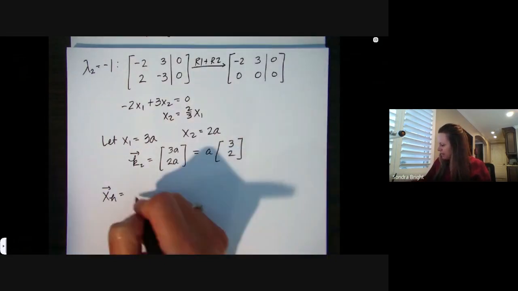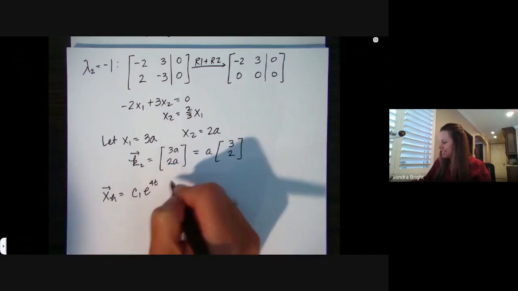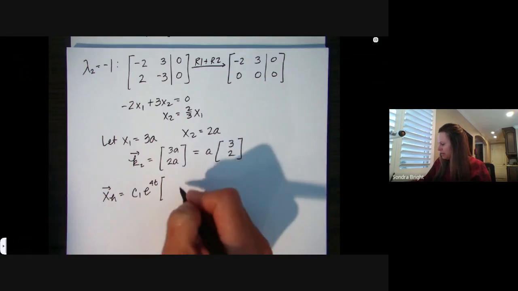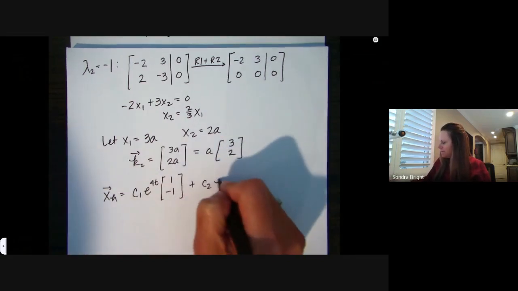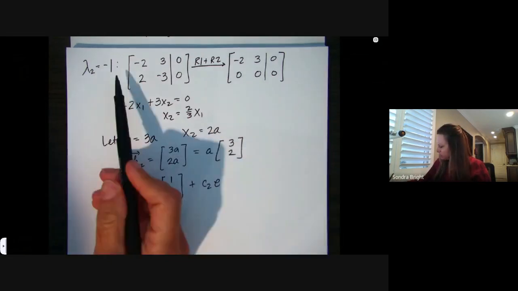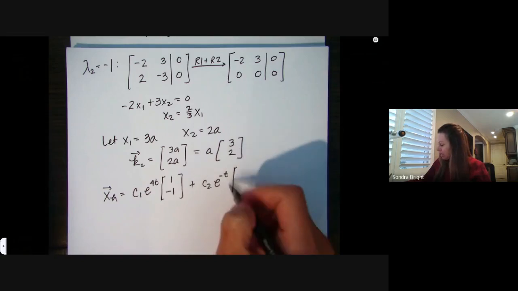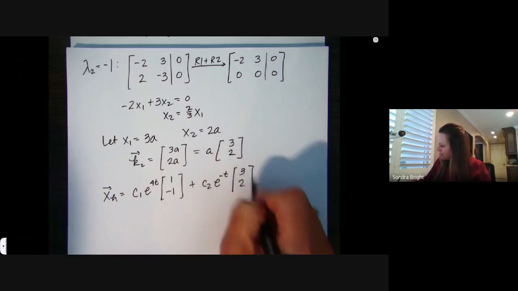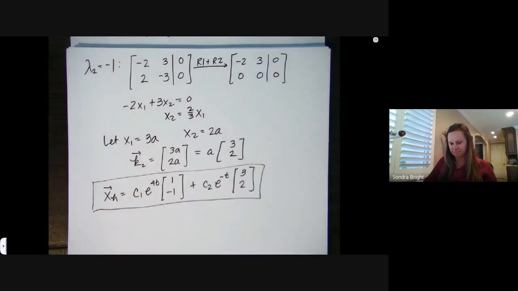So I'm going to have a C1 e to the 4t times its eigenvector, which was 1, negative 1, and then plus C2 e to the, this eigenvalue was negative 1, so it'll be to the negative t power times its eigenvector, which is 3, 2. There's your general homogeneous solution.